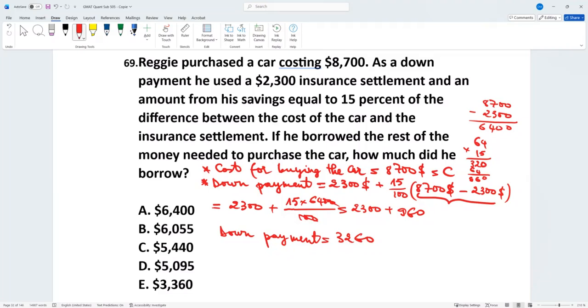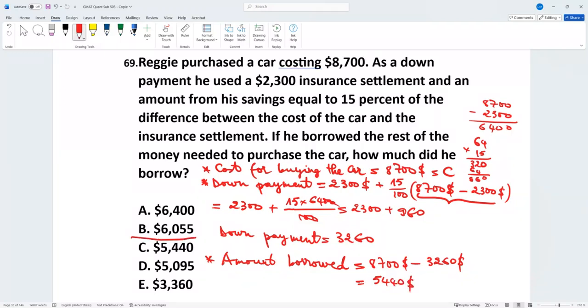So the money that he borrowed, we will say amount borrowed will be equal to $8,700 minus the down payment, which is $3,260, which will give us, if we do the calculation well, $5,440.